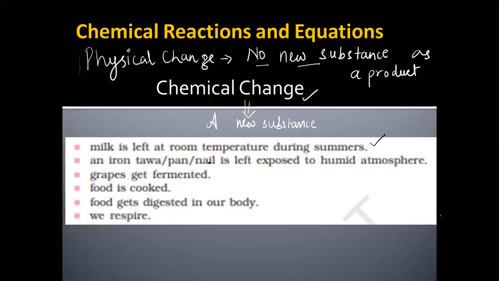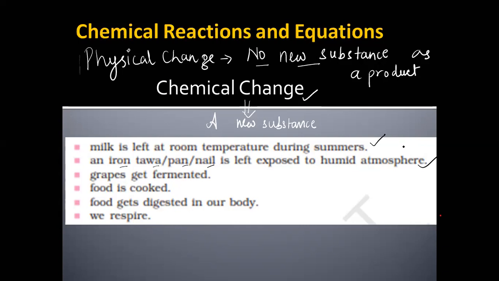An iron tawa or the pan or the nail that is left exposed to humid atmosphere. What happened here? You know, in this case, there is rusting process that takes place. You know what happens in rusting? A brown colored coating gets developed over the surface. And yes, tawa, the pan, the nail, these all are made up of iron.